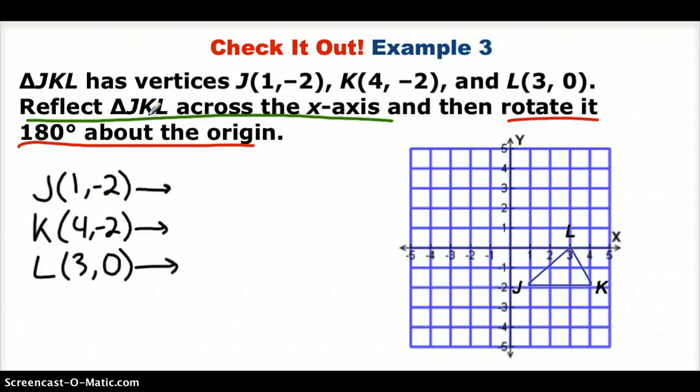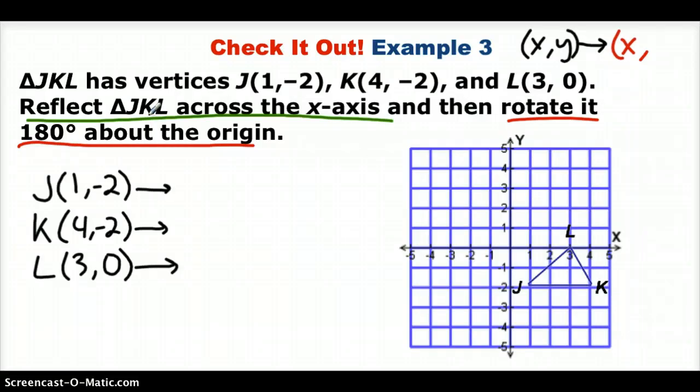Okay, and so remember, the first thing it asks us to do is to reflect it across the x-axis. So if we start with x and y here, and we want to reflect it about the x-axis, remember it's going to flip over the x-axis, which means the y value of each ordered pair is going to change.